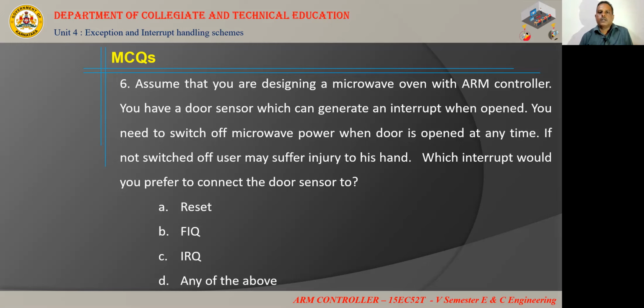When the microwave oven is on and suddenly the door is pulled, microwave power should be shut off immediately. And generally this feature is well implemented in almost all microwave ovens. So the option is the FIQ exception. We need not reset the system. If we handle the request with the FIQ exception, it is good enough. Answer is FIQ.